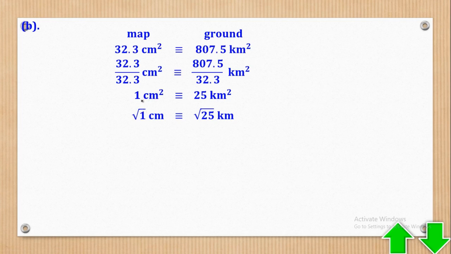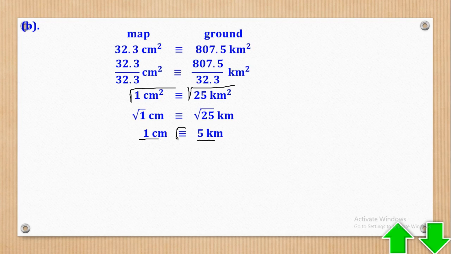To get a linear scale, you must put square root on both sides. Square root of 1 is 1, and square root of centimeter squared is centimeter. Square root of 25 is 5, and square root of kilometer squared is kilometer. So next we have simplified to come up with 1 centimeter is equivalent to 5 kilometer.